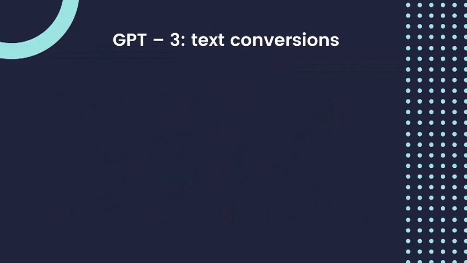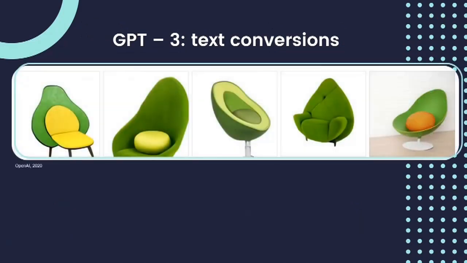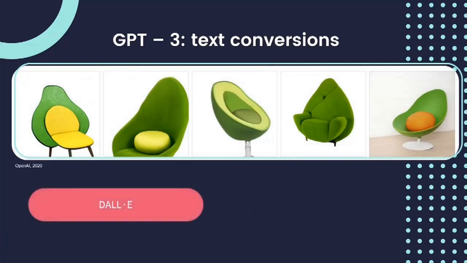A powerful illustration of the power of neural networks is GPT-3, created by Elon Musk's OpenAI company. One of the subdivisions is called DALL-E. DALL-E is a language transformer model. DALL-E generates text descriptions into image representations with very high fidelity.